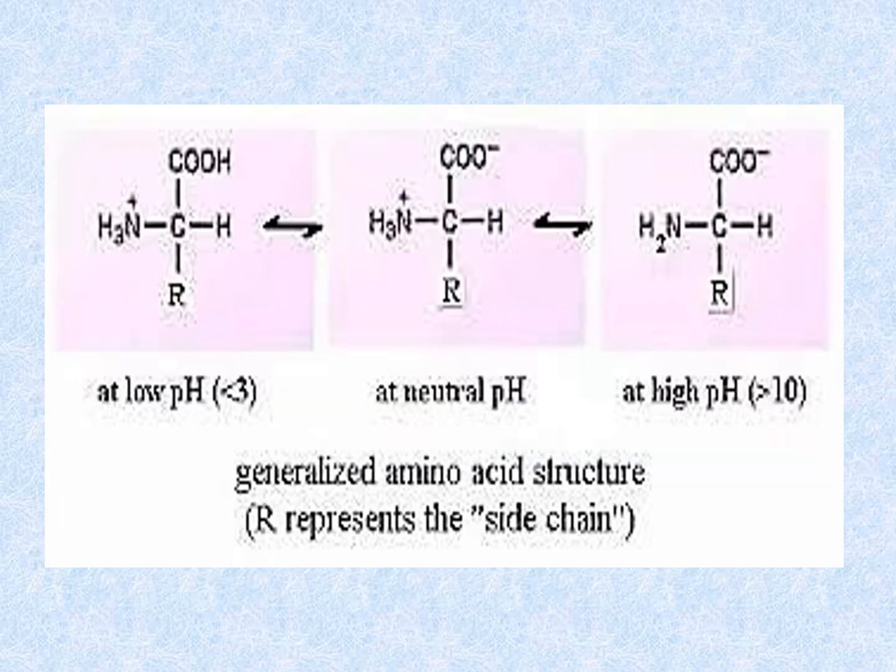So at neutral pH or physiologic pH, we have a positively charged amino group and a negatively charged carboxyl group. At high pH or basic environment, your carboxyl group will have a negative charge, whereas your amino group will not carry a specific charge.